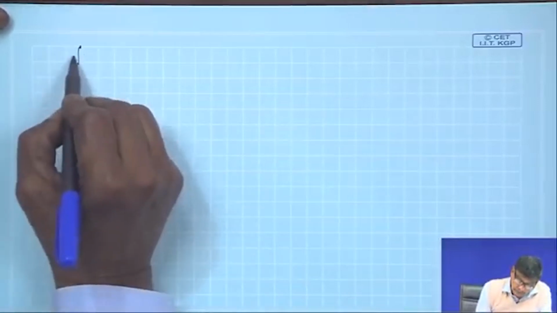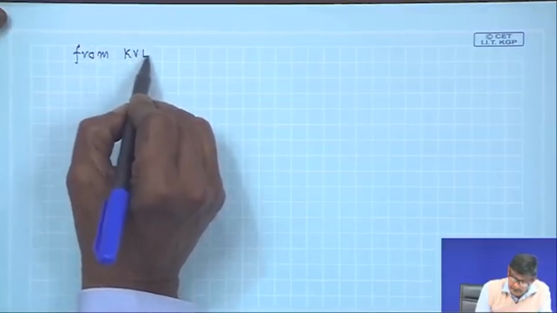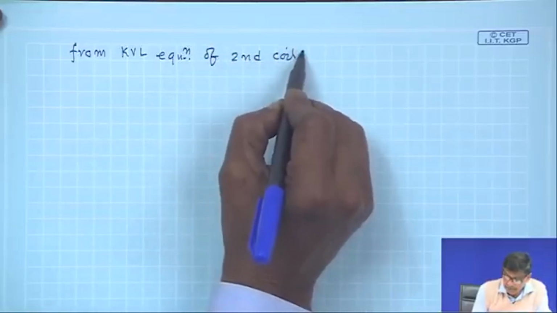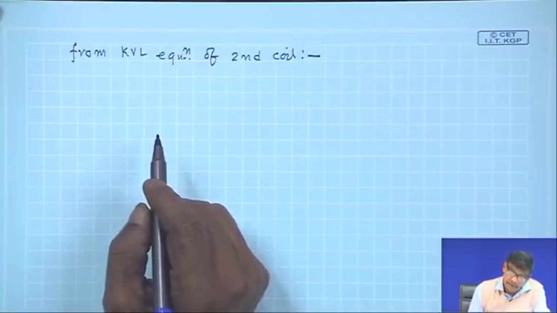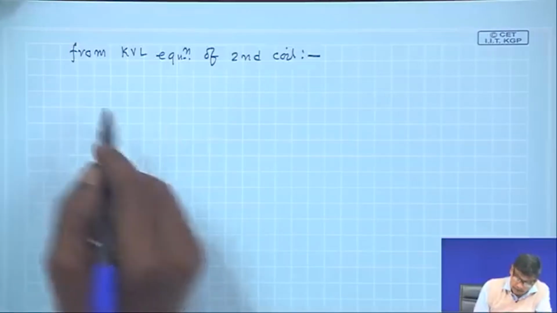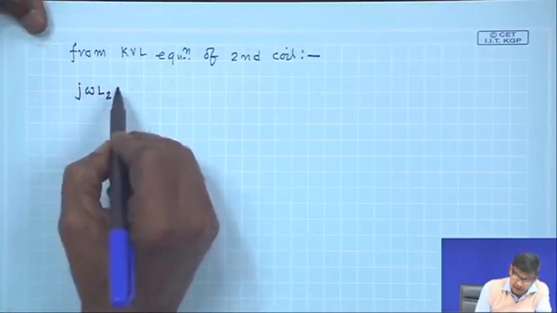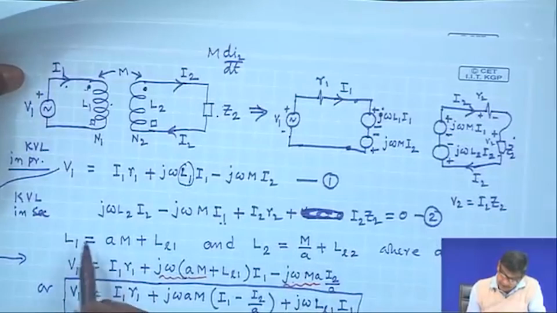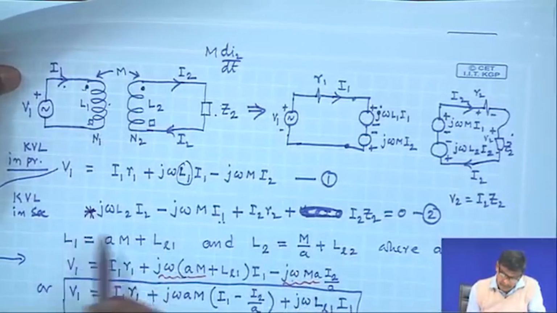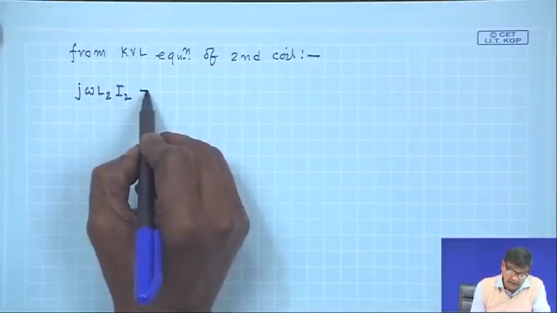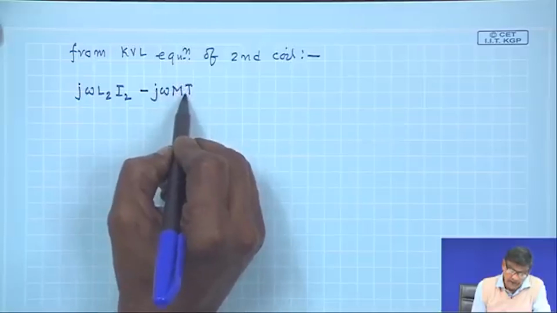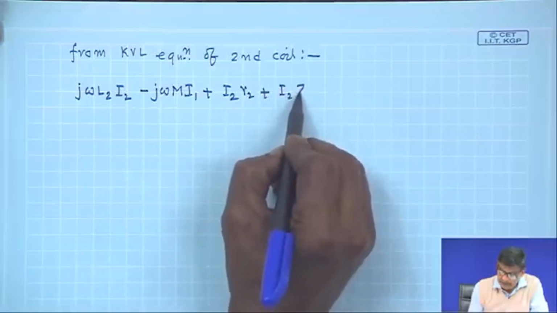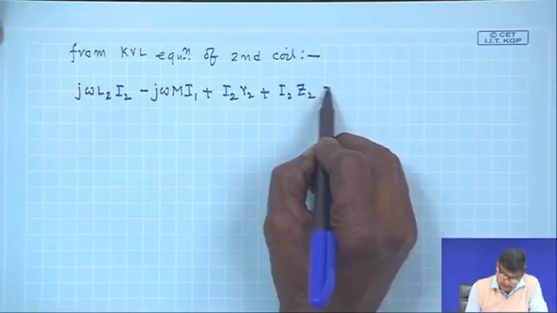So, from the KVL equation of the second coil, we have j omega L2 I2, that is this equation I wrote in the previous page, this equation I am now taking. j omega L2 I2 minus j omega M I1, hopefully I have written the polarities correctly, plus I2 Z2 is equal to 0.